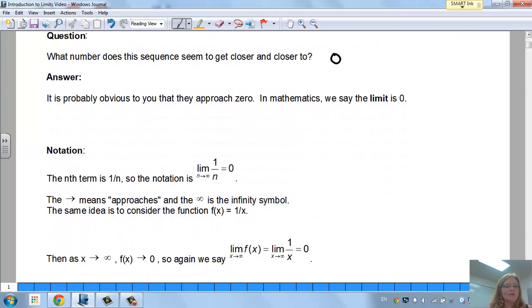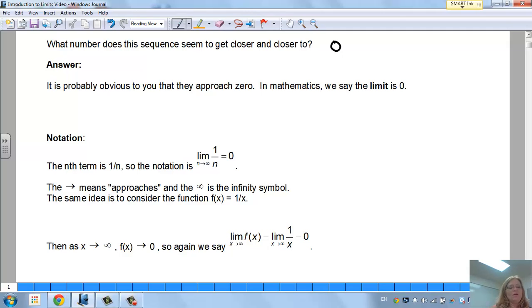Notation. The nth term is 1 over n, so this is how we would say it: as n gets infinitely larger, going to infinity, of 1 over n equals 0. I'm approaching 0. This is what we used to say: as n approaches infinity, my function, f of n, is approaching 0.